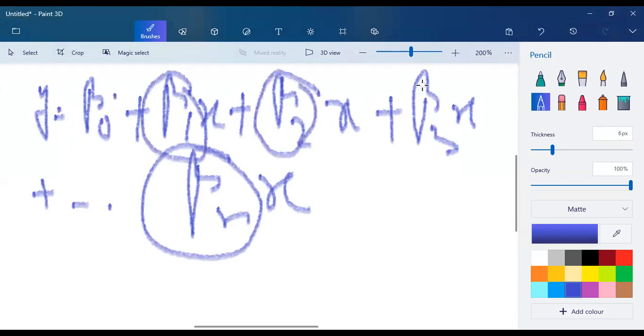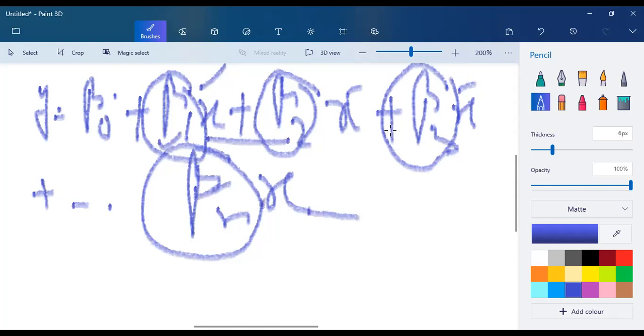So these are basically the coefficients with respect to the values of x1, x2, and x3. That is, with respect to these predictor variables, I am getting the values of the coefficient.